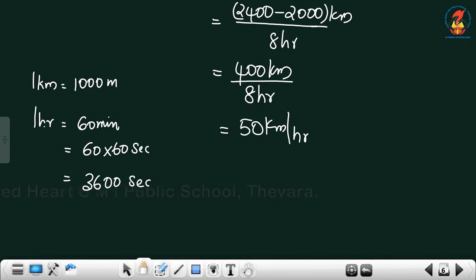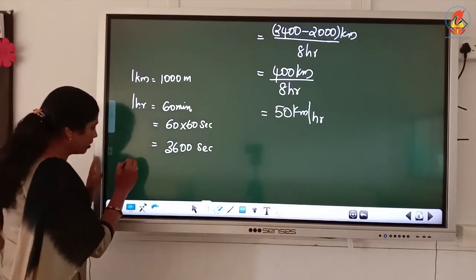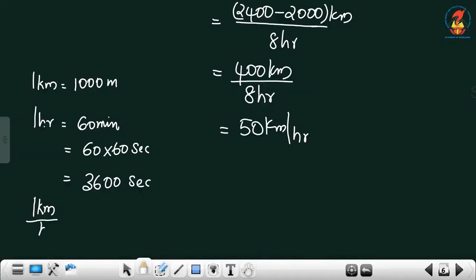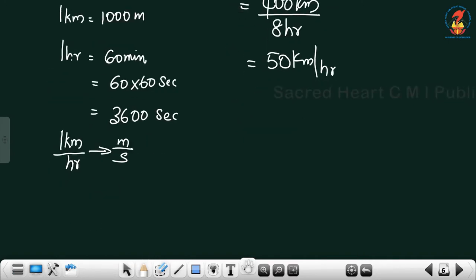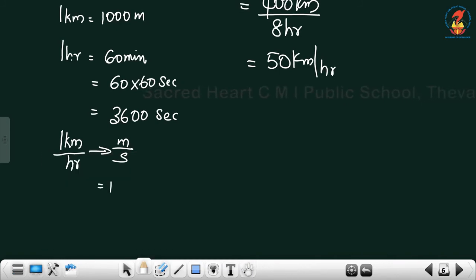So, 1 kilometer per hour means 1 kilometer is 1000 meters, 1 hour is 3600 seconds. Now, I will write it like this: 1 kilometer per hour, we need to convert it into meter per second. 1 kilometer is 1000 meters, divided by 1 hour, 3600 seconds.